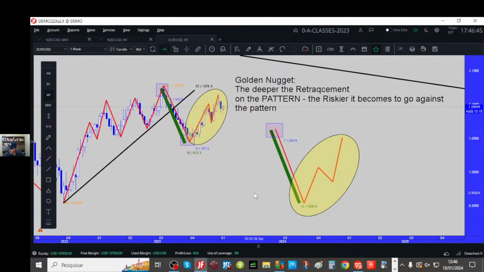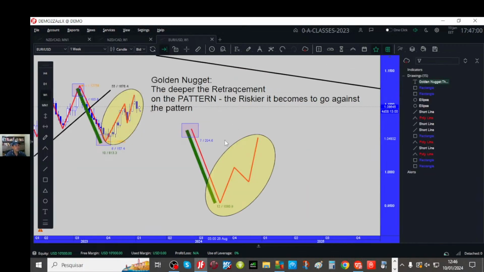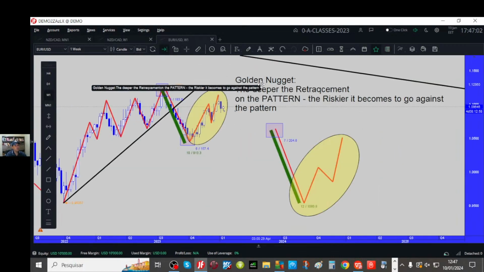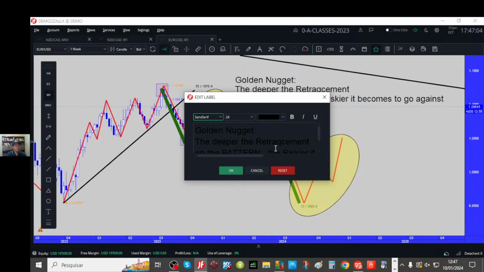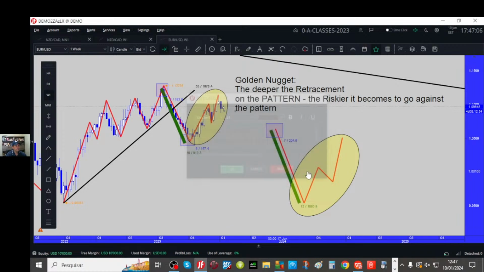Alice says if the previous high is not broken then it will come down. Yes, correct. Everybody take a screenshot. The deeper the retracement on the pattern, the riskier it becomes to go against the pattern.